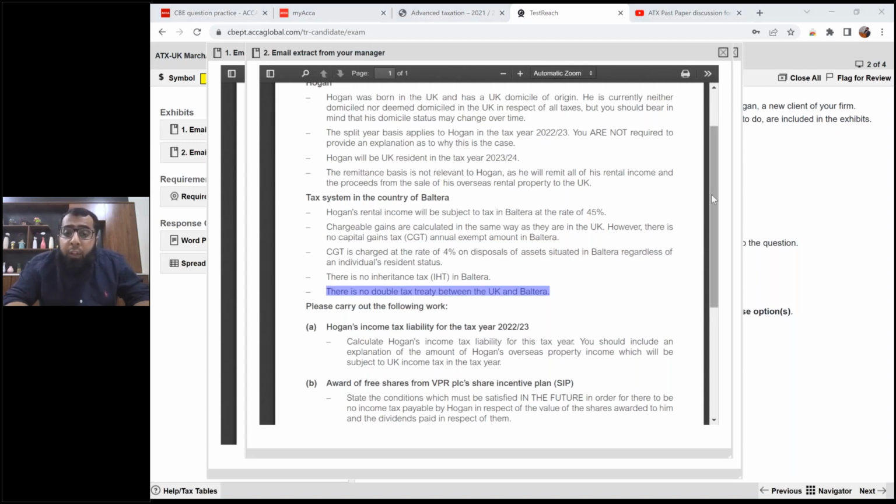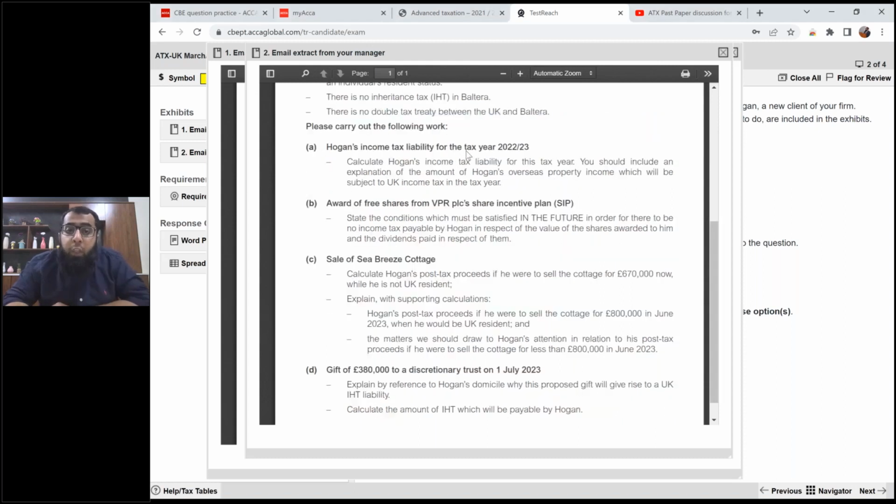Now, please carry out the following work. Part A. Hogan's income tax liability for the tax year 22-23. Calculate Hogan's income tax liability for this tax year. You should include an explanation of the amount of Hogan's overseas property income, which will be subject to UK income tax in the year. So first of all, we have to calculate his income tax liability.